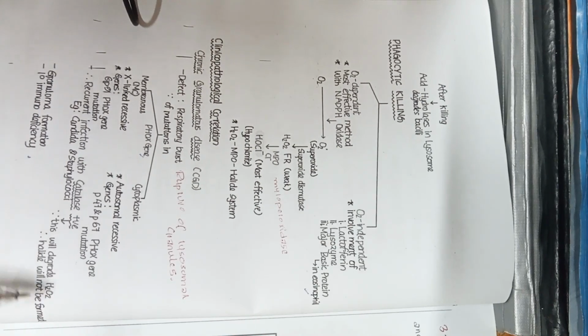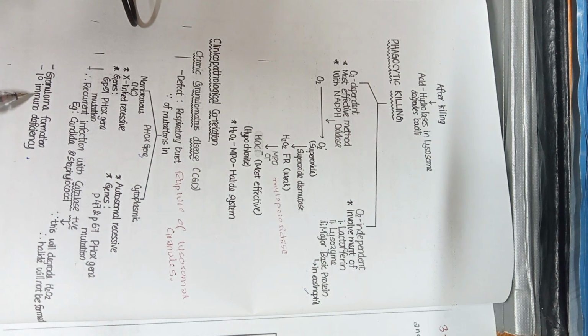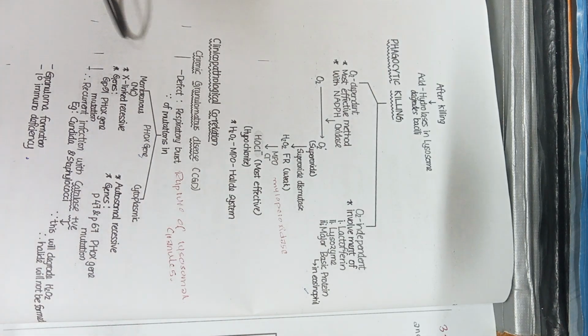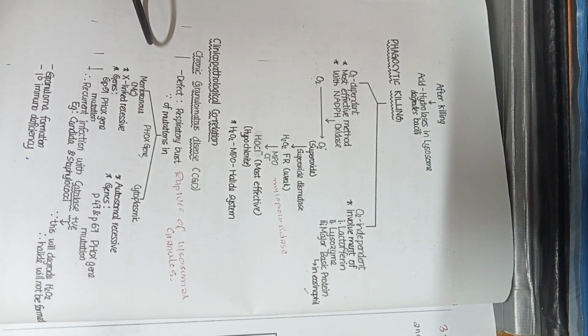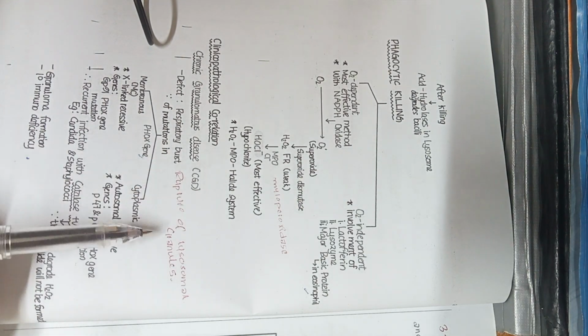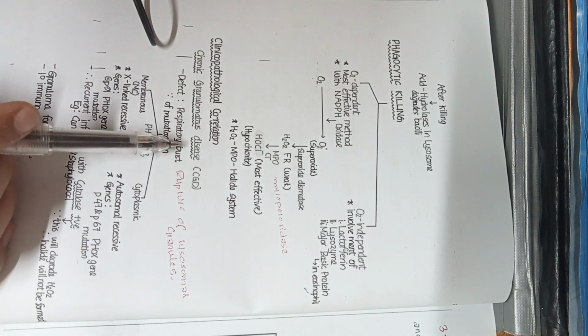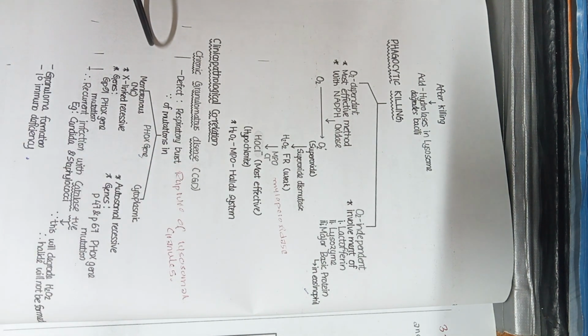There is formation of granuloma, and we can also call this primary immunodeficiency. If I summarize this whole topic in one line: when there is a mutation in the respiratory burst oxidase or FOX gene, it will lead to chronic granulomatous disease.